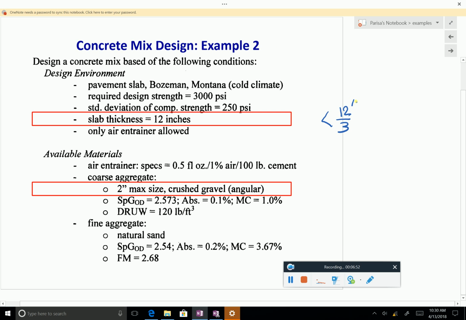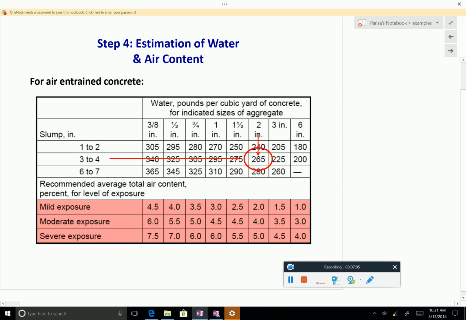From here, and also it says it has to be less than 2 inches. And if you put this together, you have to go with 2 inches. And then water. This is 2 inches. Slump, I chose 3. So the amount of water, pounds per cubic yard.